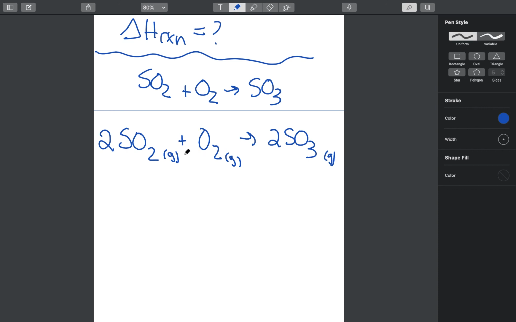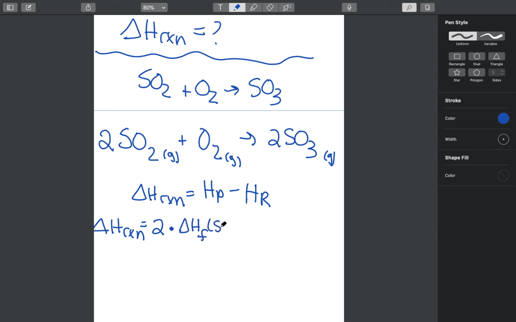And now we're just going to bring in our delta H of reaction equation. Now the delta H of reaction is equal to the enthalpy of the products minus the enthalpy of the reactants. So in order to do this, we have to substitute in our heat of formation values. So we have 2 moles of SO3 times the heat of formation for SO3, minus the 2 moles of SO2 times the standard heat of formation of SO2.